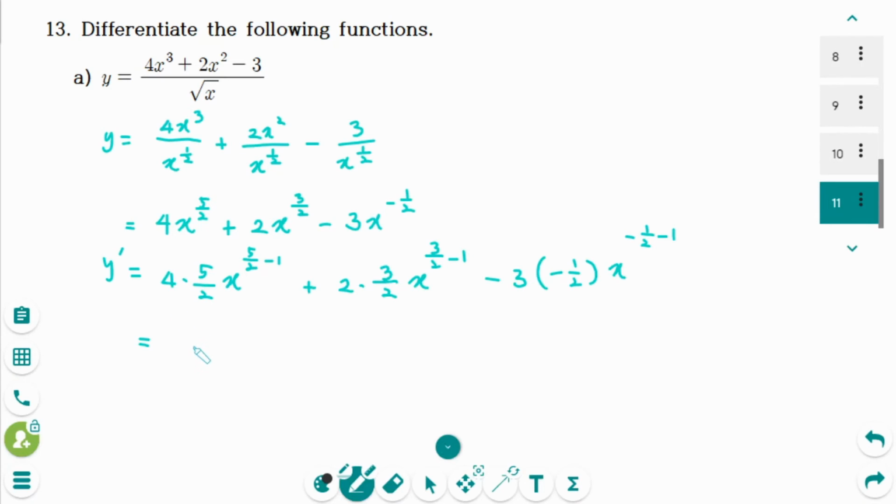We can simplify: 2 times 5 is 10x to the power of 3 over 2, plus 3x to the power of 1 over 2, make positive, plus 3 over 2 x to the power of minus 3 over 2.